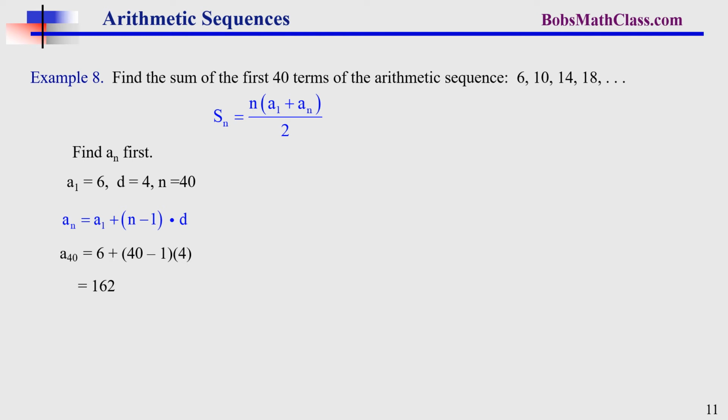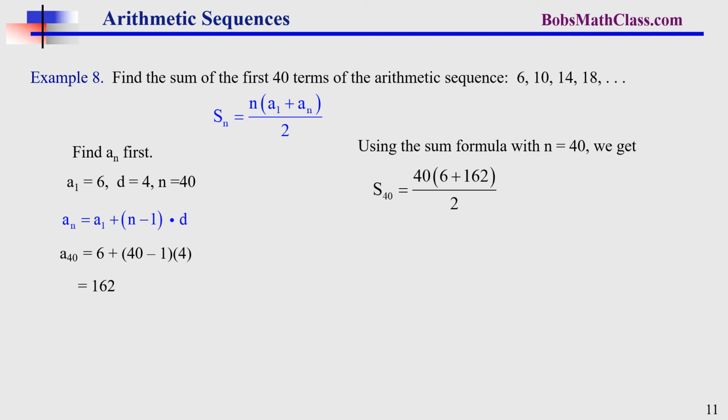Because we're trying to find, S stands for sum. We're trying to find the sum of the first 40 terms. That means S sub 40. So here's how we work it out. S sub 40 equals, and then on the top it's 40 because n is 40. In parentheses it's 6 plus 162. So 6 is the a1 and 162 is the a sub 40.